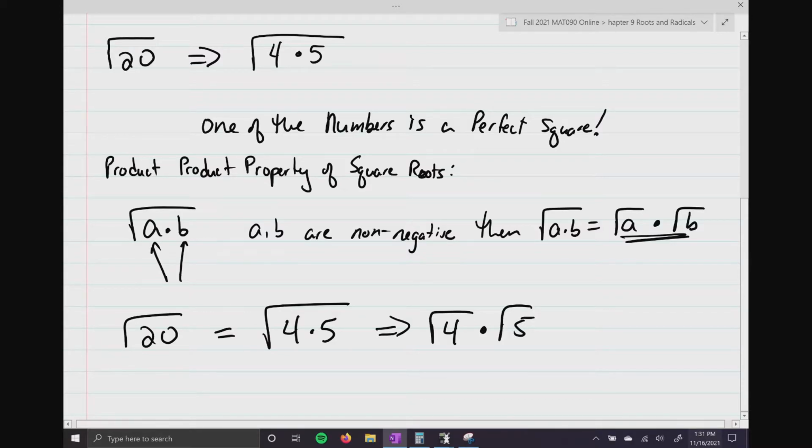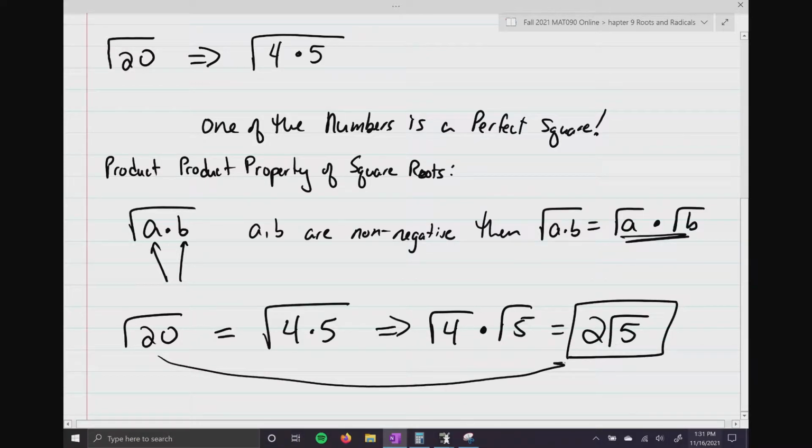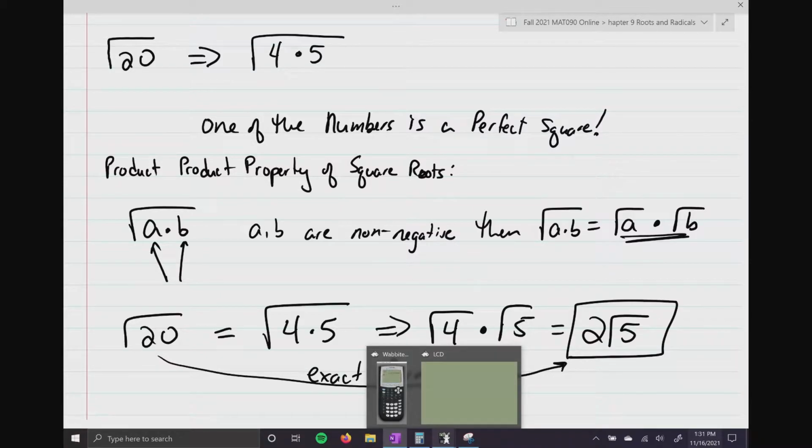And here's the best part. We already know that the square root of 4 is 2. So the square root of 20 in its exact form is 2 times the square root of 5.